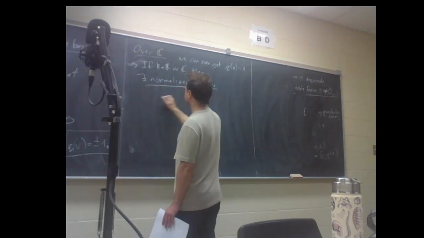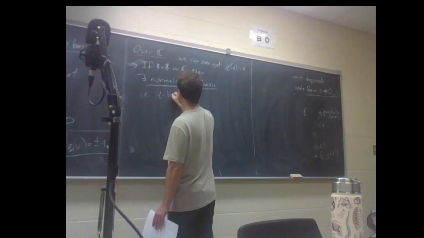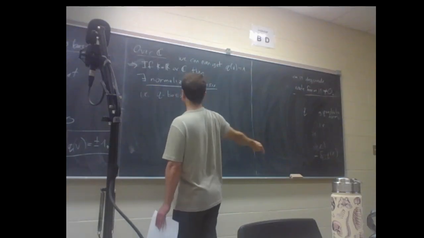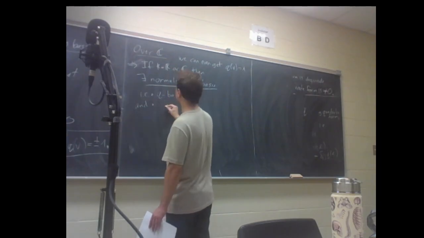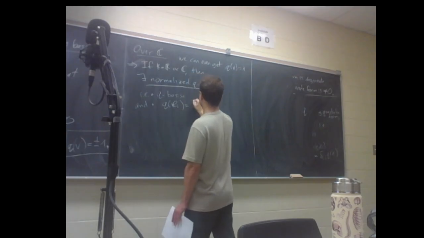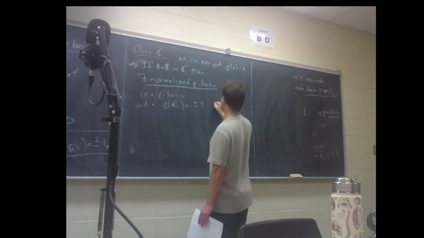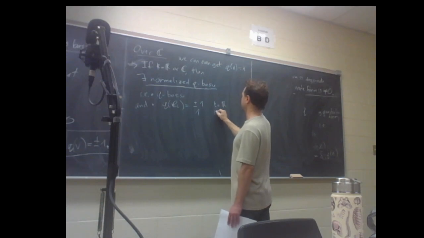By normalized I mean it's a Q basis in the sense that I just erased, and Q(e_i) is plus or minus 1 if K is equal to R, or if it's C, we're going to actually require it to be plus 1.